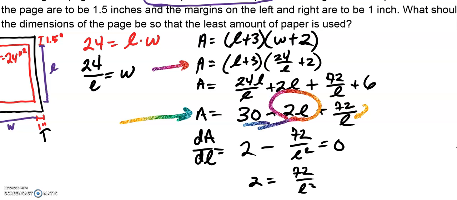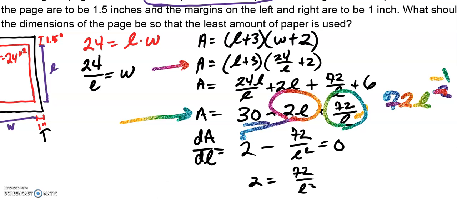Derivative of 2L is 2. The derivative of 72 over L, you could do low d high minus high d low over low low, or you can derive 72L to the negative 1, however you wanted to do that.